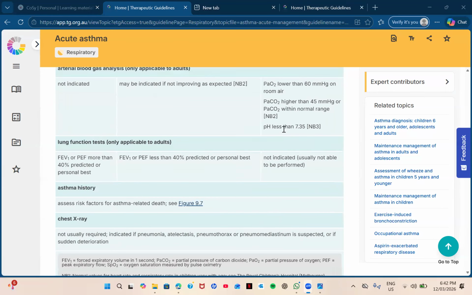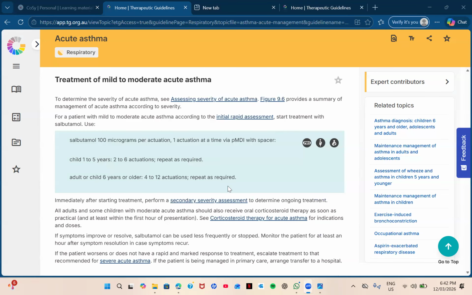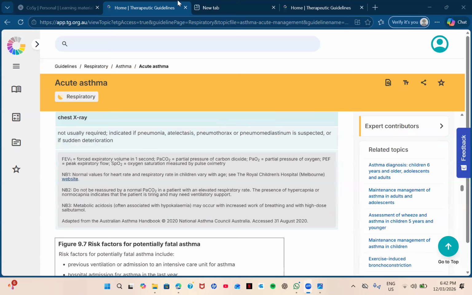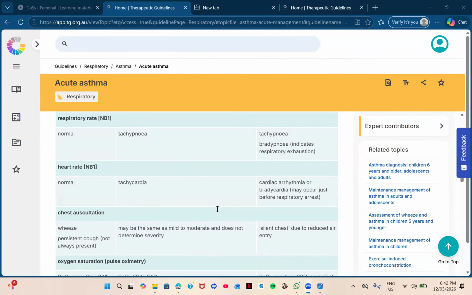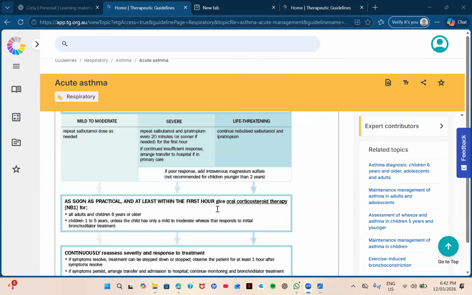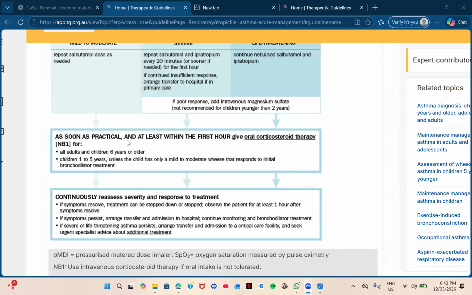We have done acute asthma. I'll show the picture again here. As soon as practical and at least within the first hour, give oral corticosteroid therapy for all adults and children 6 years or older, and children 1 to 5 years, unless the child has only a mild to moderate wheeze that responds to initial bronchodilator treatment.